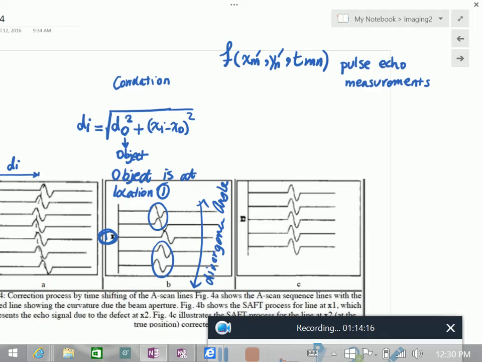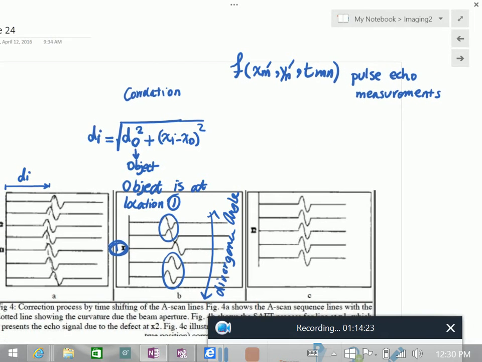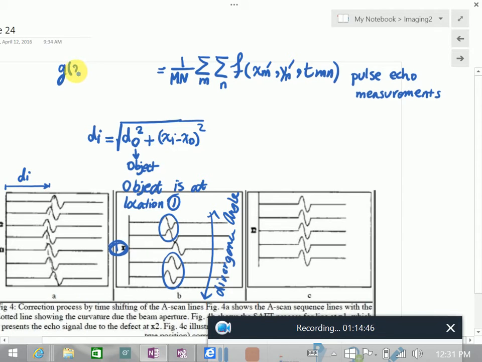If this is 3D, we have X and Y. If it was 2D, it was only X and T. We basically sum up and normalize everything to get the soft image.